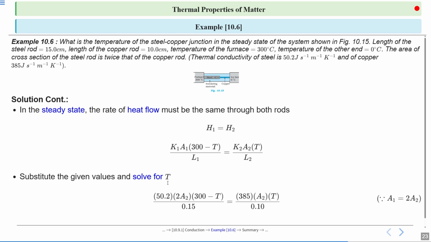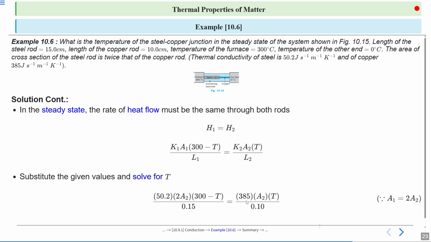So K1 is 50.2 into A1, which is 2 times A2, into 300 minus T divided by L1, that is 0.15, is equal to K2, 385, into A2 into T divided by 0.10.